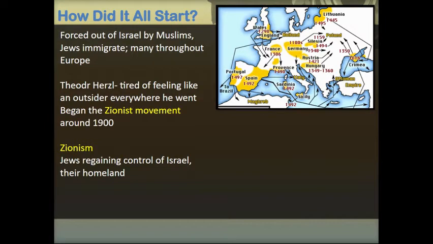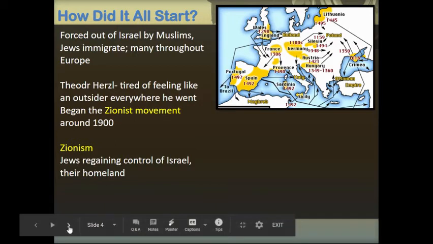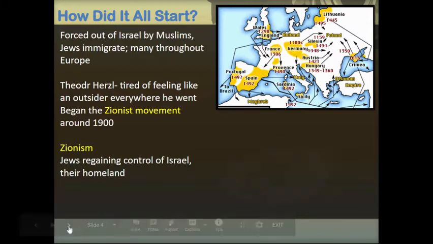So that Zionist movement starts in about the 1880s, 70s perhaps, and then gains momentum over time. So know the name Herzl and know the phrase Zionism.